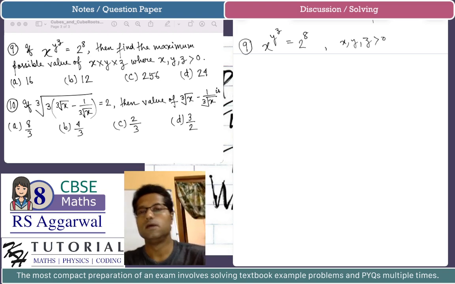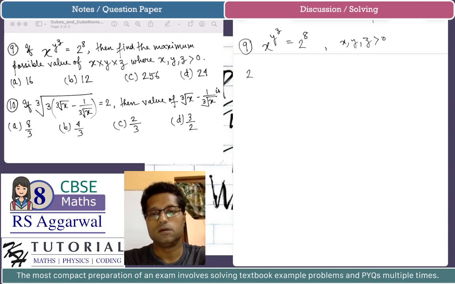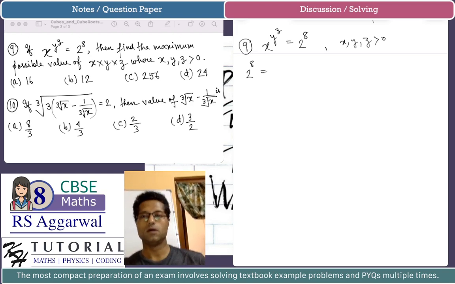We know this. Now what can the possible values of x, y, and z be such that x multiplied by y multiplied by z will be maximum? Now the right hand side term is 2 to the power 8. Let us first find out how we can express this 2 to the power 8 in the form of x to the power y to the power z.